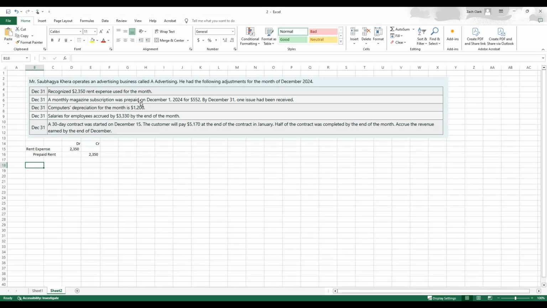A monthly magazine subscription was prepaid on December 1st, 2024 for $552, and 1 issue had been received by December 31st. I'm going to assume it doesn't really tell us exactly in this one.